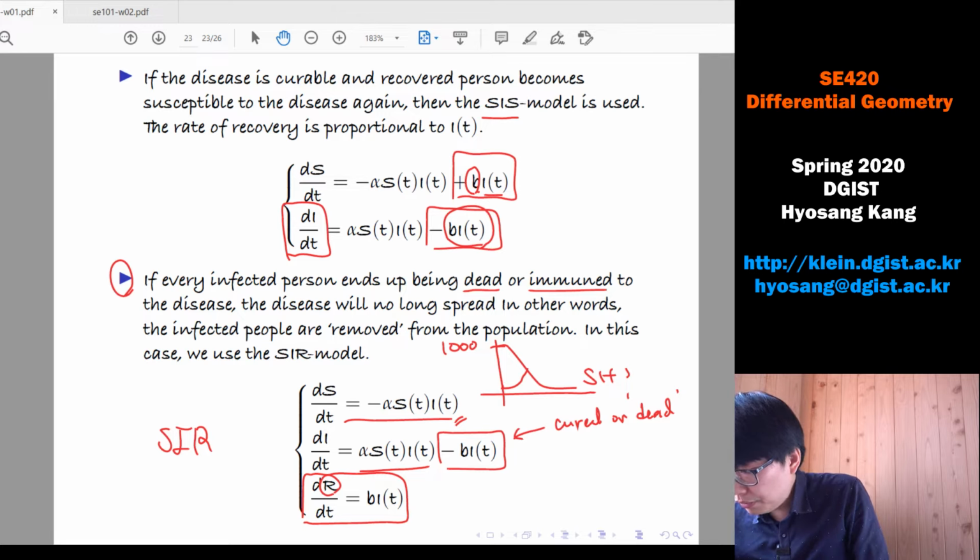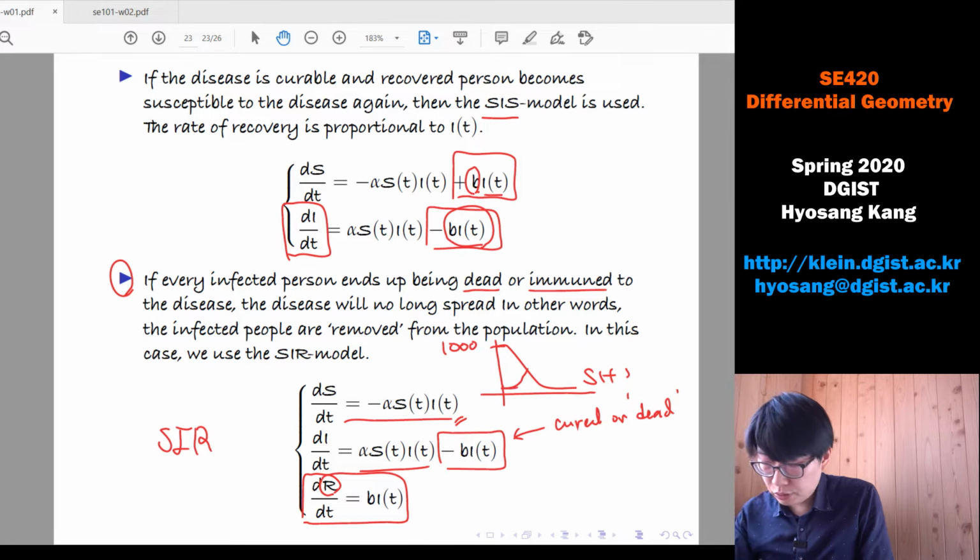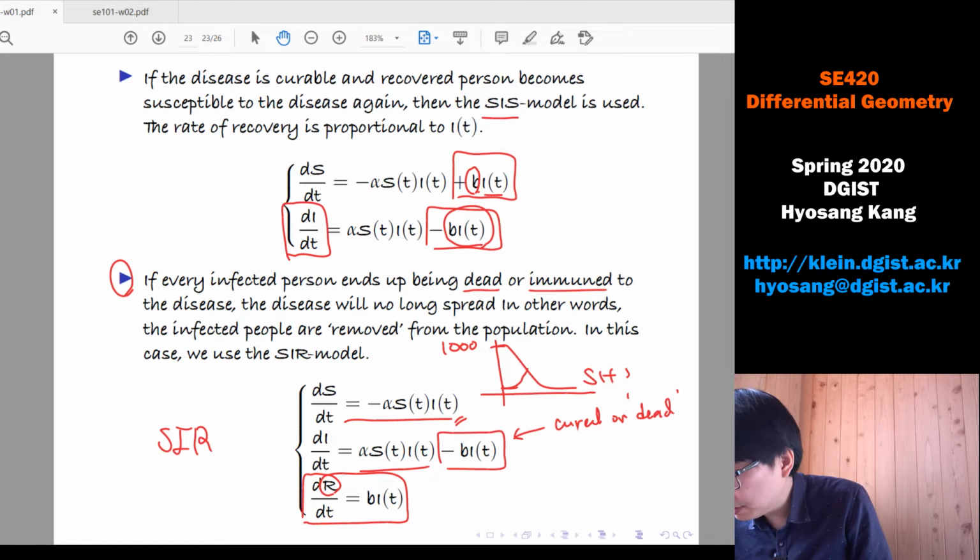And then what happens to removed? It also starts from zero, but later, if the situation is stabilized, meaning the virus or disease has disappeared, then this removed state has to go from 0 to 1,000, because everyone has to be either cured, immune, or dead.